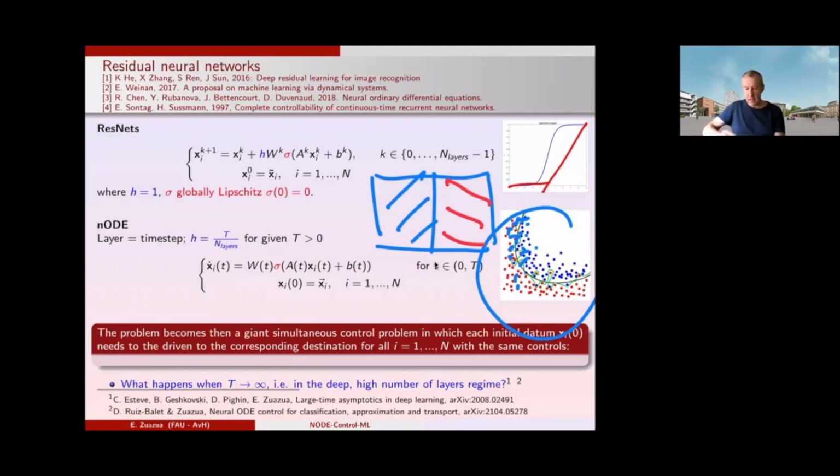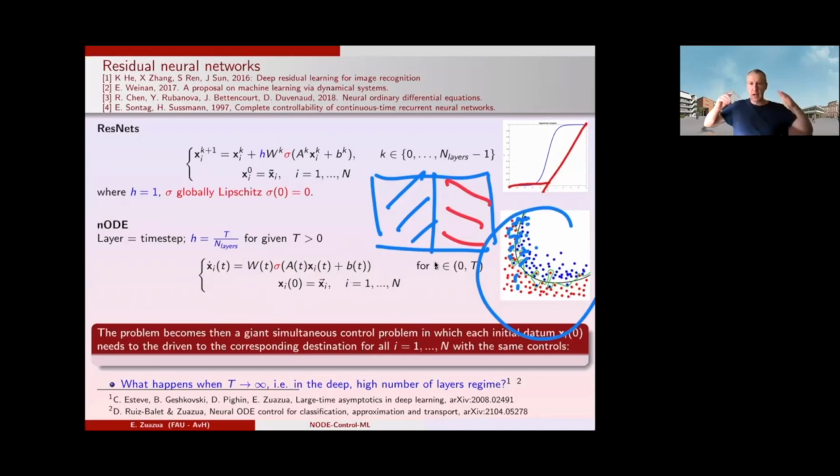In the sense that I am supposed to build this differential equation so that whenever I take the capital N different initial data that are to be classified, I consider them as being initial data of this neural differential equation.